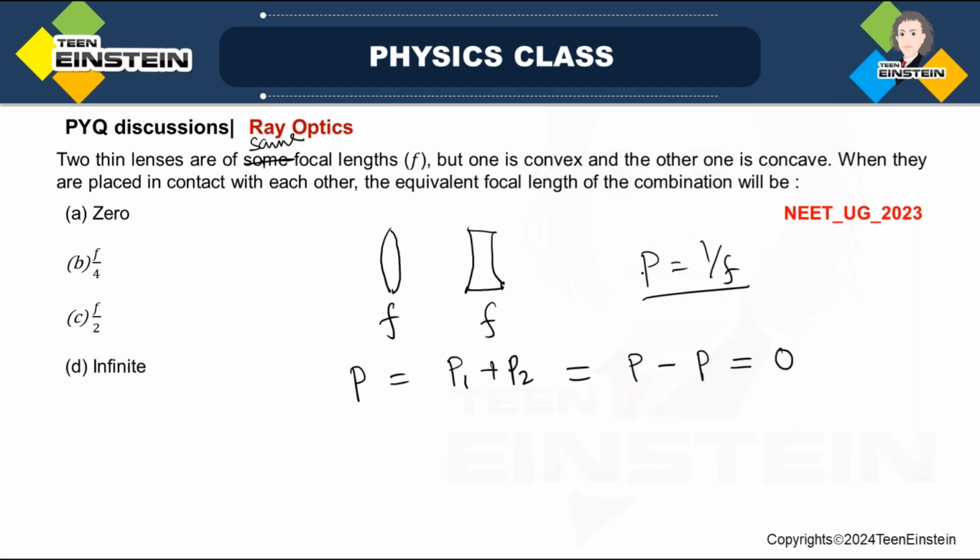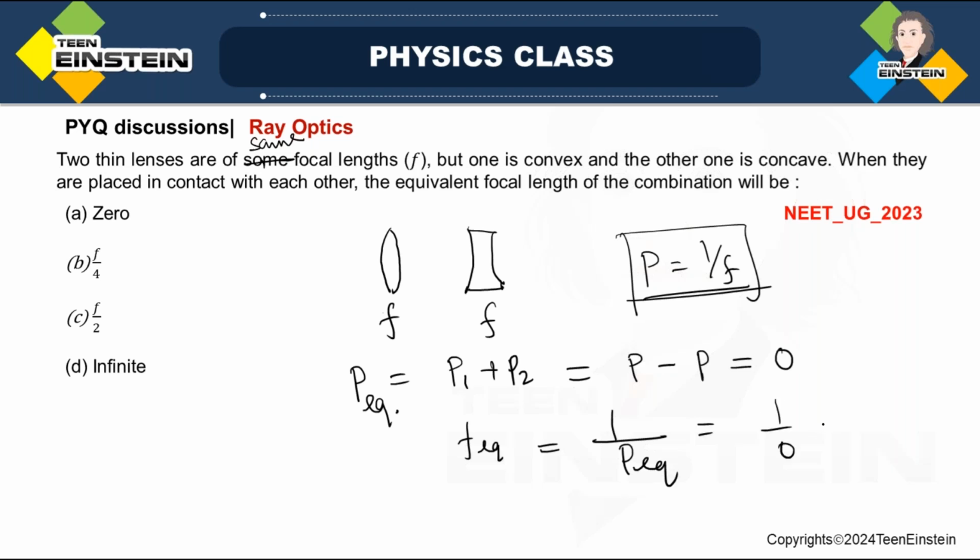The equivalent focal length is the inverse of the equivalent power, so 1/0, which we generally take as infinity. So option D is the correct answer.